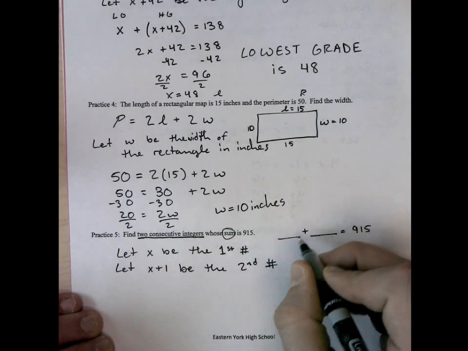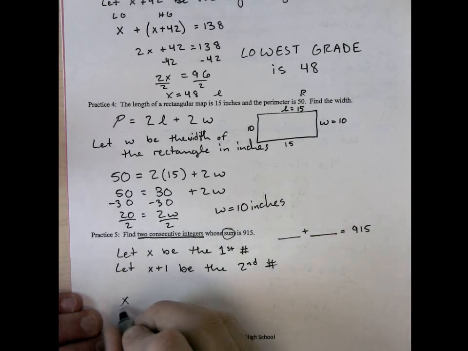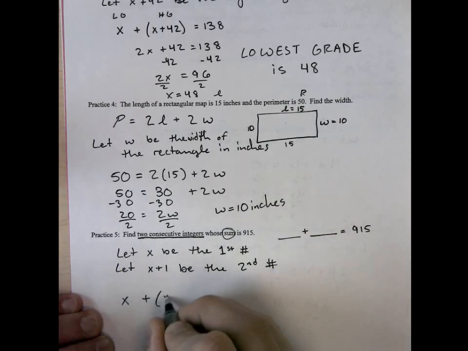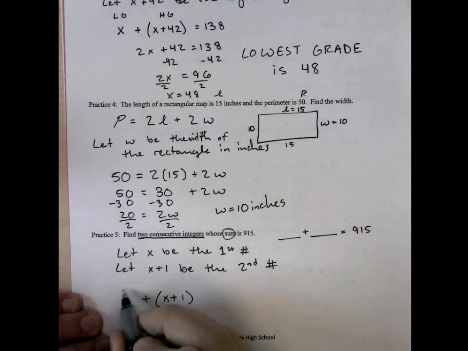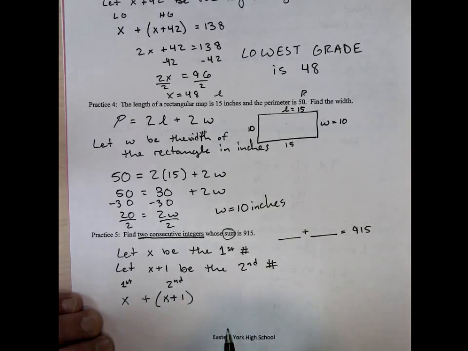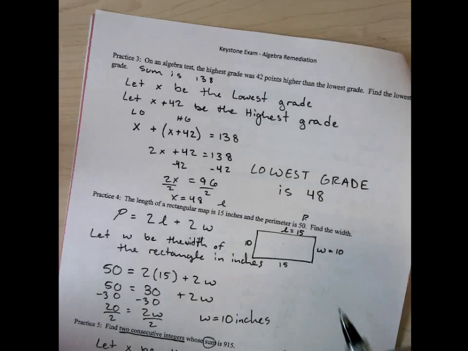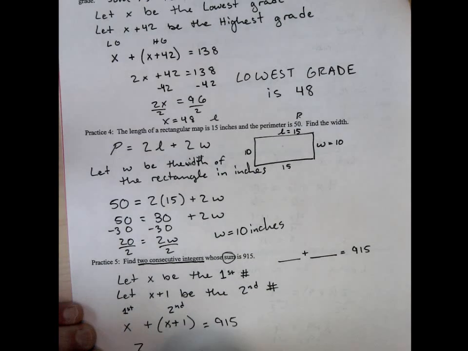So now we have a sum. We're just substituting into our mock-up of an equation up here. So we have x plus x plus 1, where x is the first number in the sequence and x plus 1 is the second, is equal to 915. And just like we did in the prior equation, we're going to add our x's together. So we have 2x plus 1 is equal to 915.